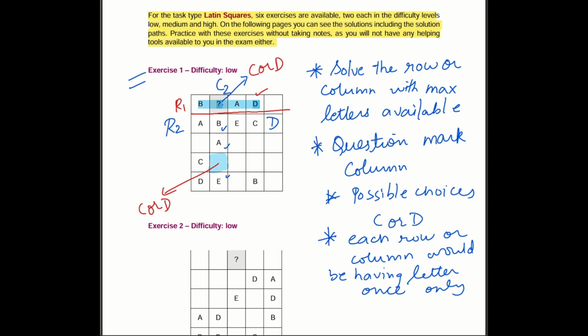In this row, C is already present, so we can't take C again. So here the answer would be D.